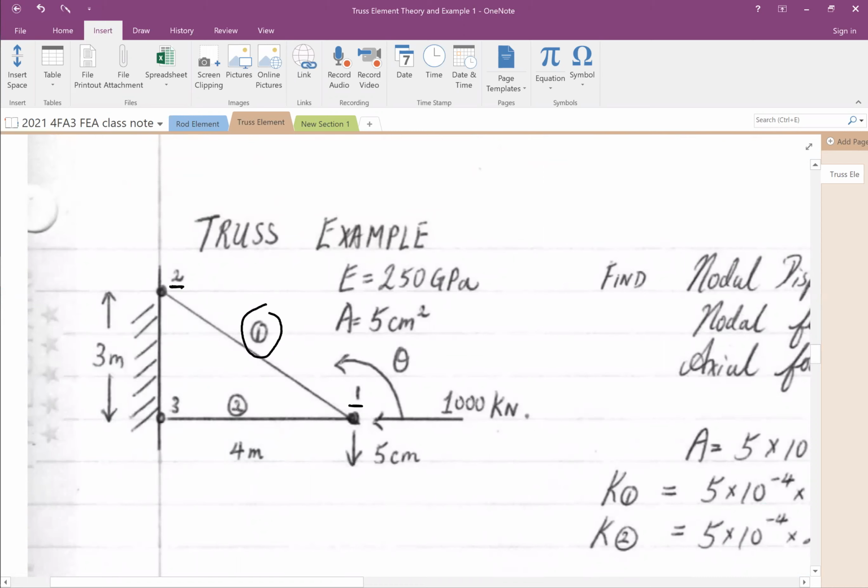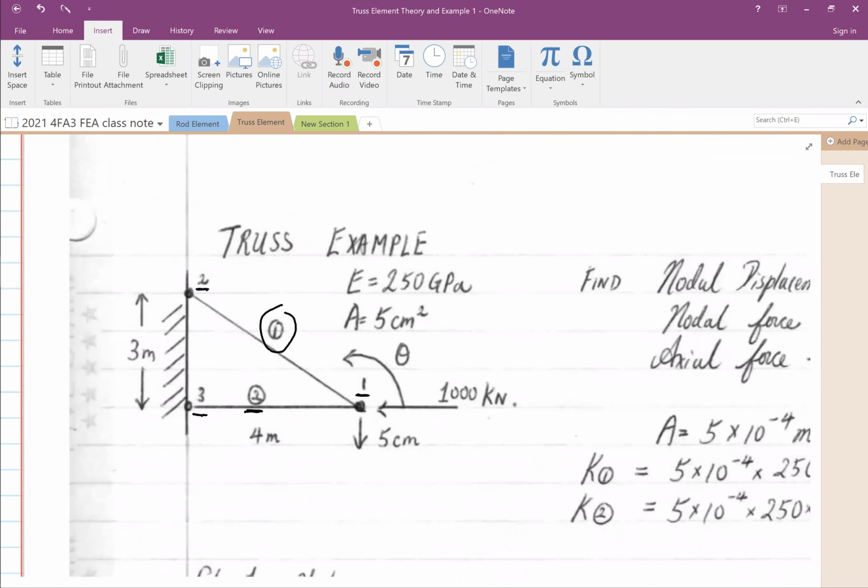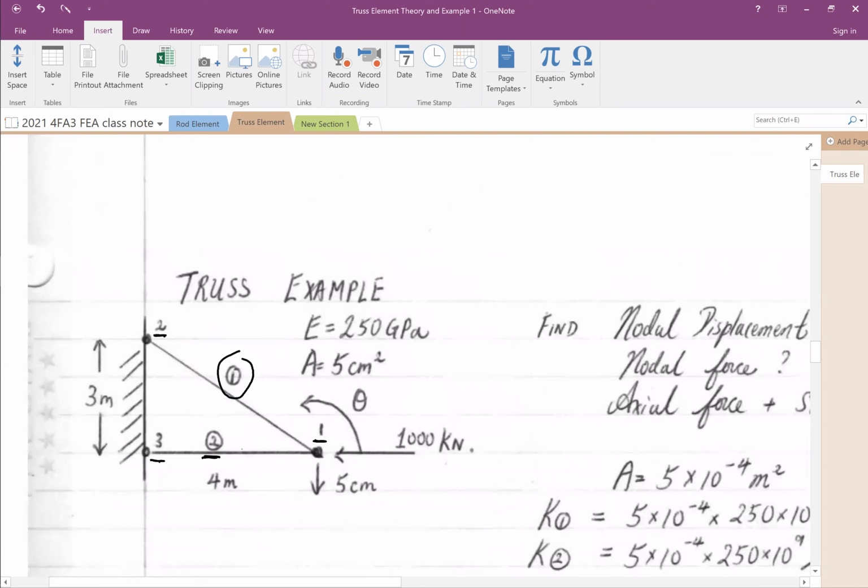The second element is linking nodes 1 and 3. The 2 elements have the same properties. The elastic modulus is 250 gigapascal. The cross-section area is 5 centimeters squared.